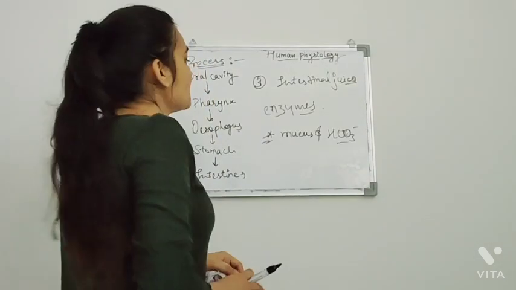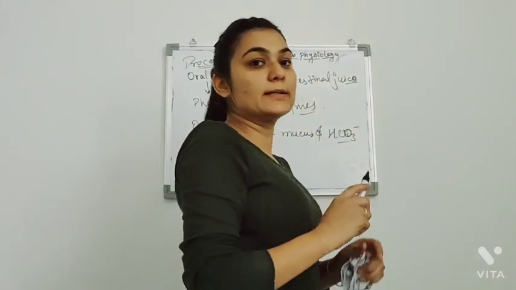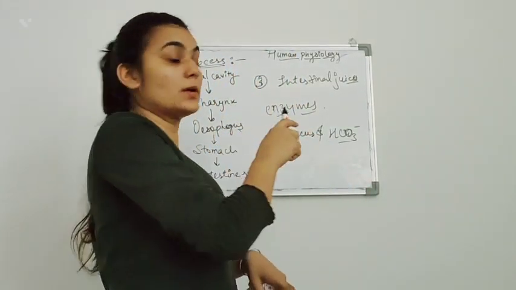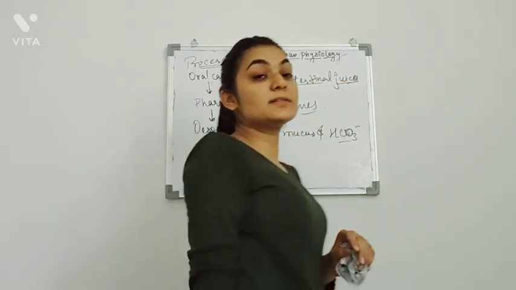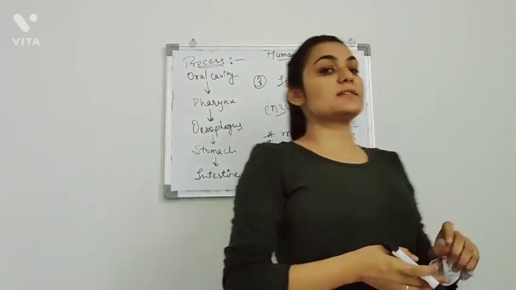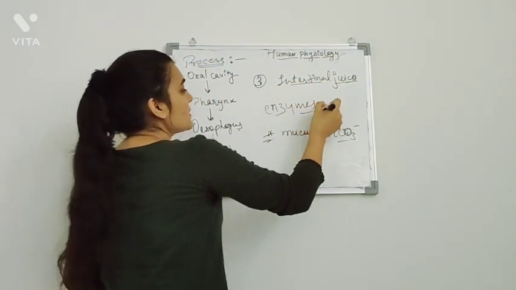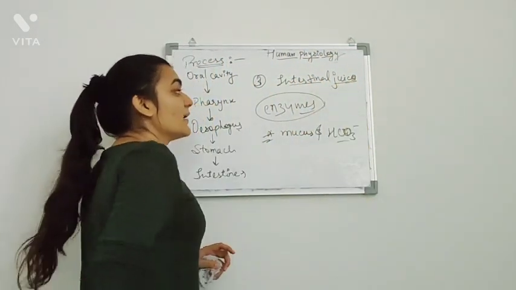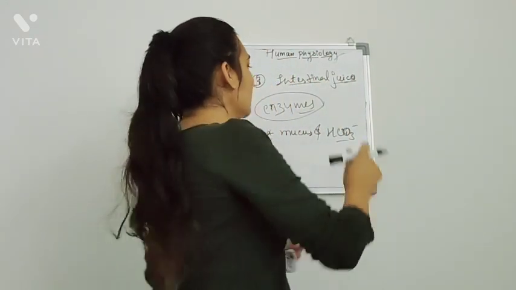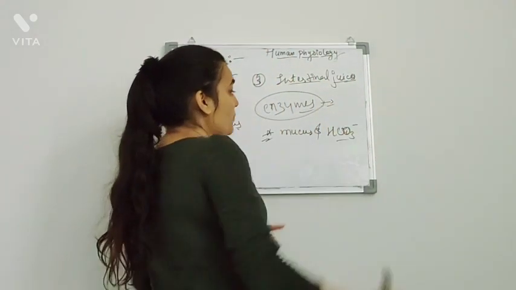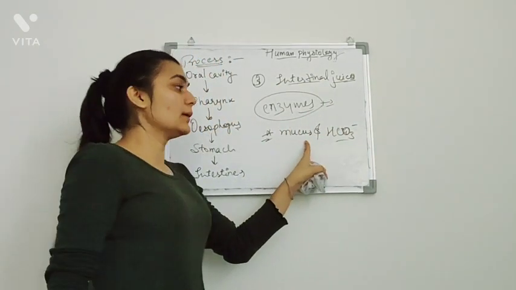Now, in the intestine, we are discussing three things: first is the pancreatic juice, second is the bile, and third is the intestinal juice. Intestinal juice is also known as succus entericus. The succus entericus has enzymes: maltase, nuclease, lipase, and other disaccharidase enzymes.